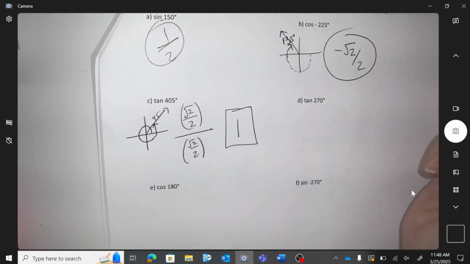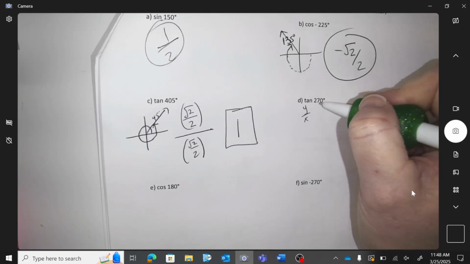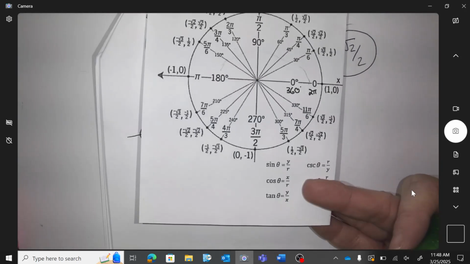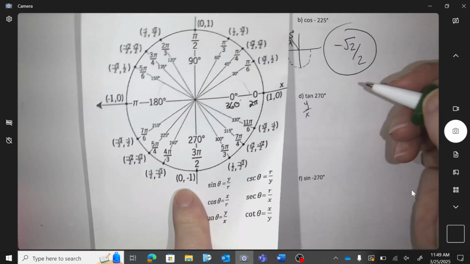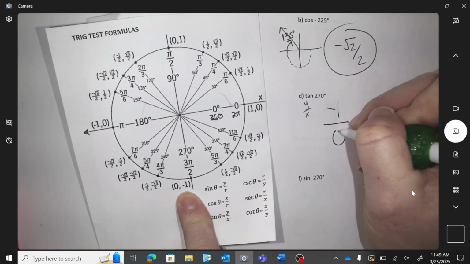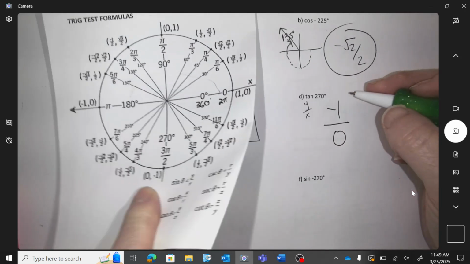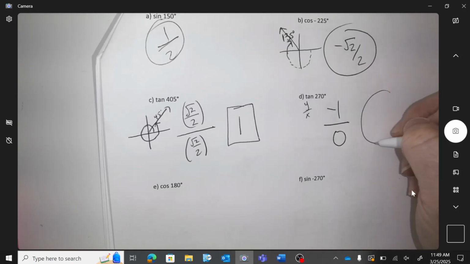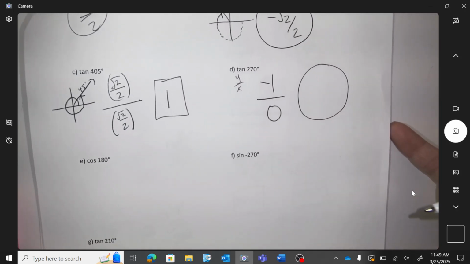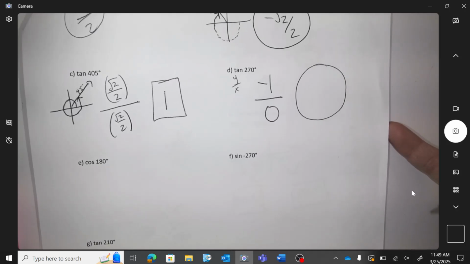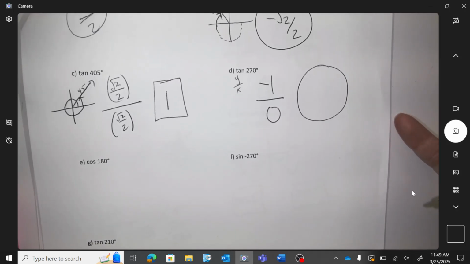Tan is y divided by x, and 270 is at the bottom here. So y value divided by x value is, which one?